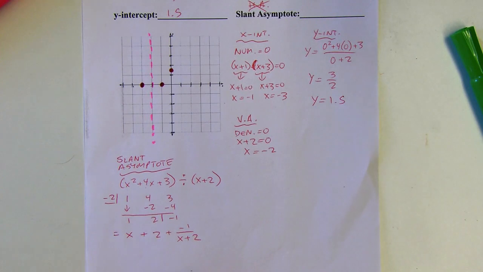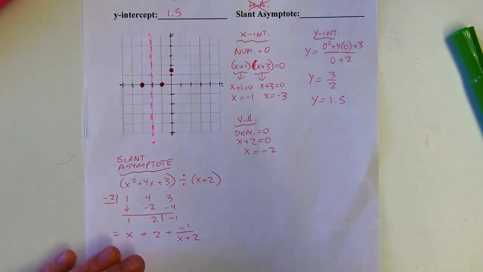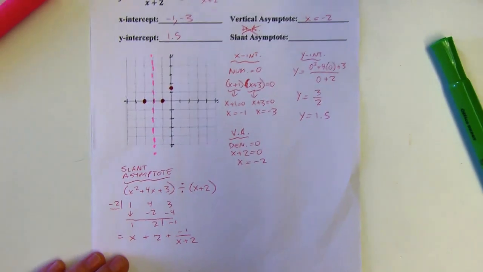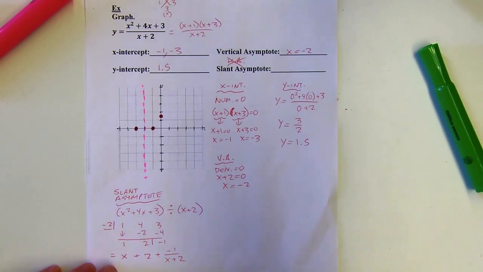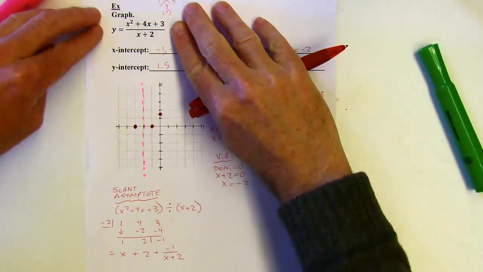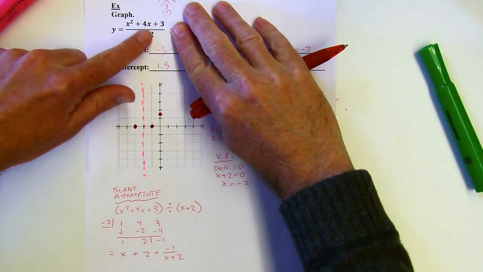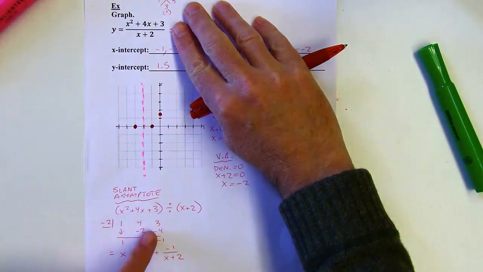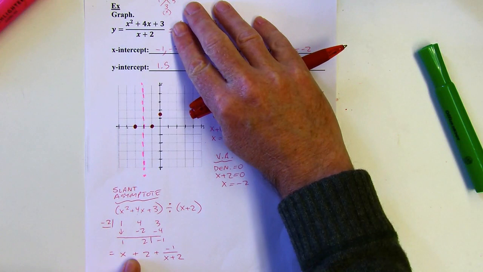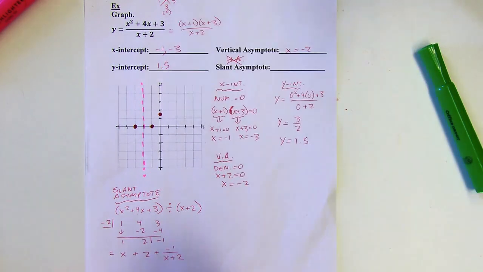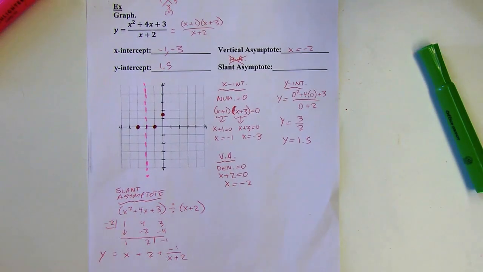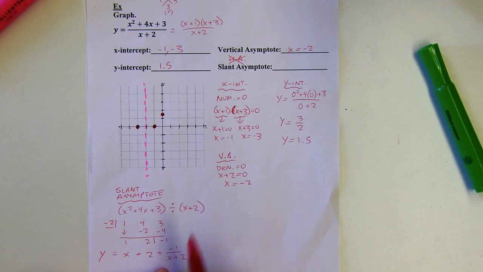So if we think about what this actually means, is that if we take this equation that we had here in the beginning, we could rewrite the right side of this equation as this. Okay? So really, I can say that y equals this. Okay? Now, what's going to happen with this? Let's say we plugged in 100 for x.